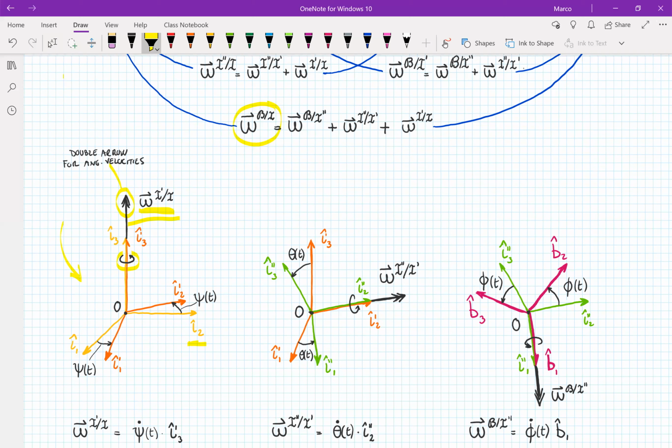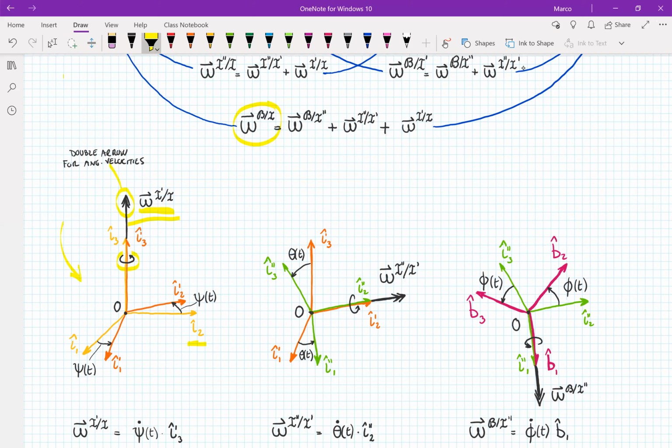And the vector, when it indicates an angular velocity, it usually has two arrows. So if you're referring just to translational velocities, those vectors only have one arrow. And when we're talking about angular velocities, and when we draw the vectors, they have two arrows.